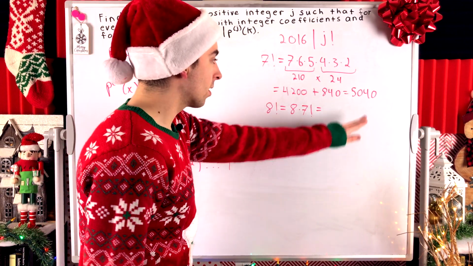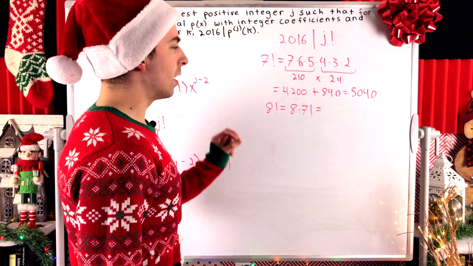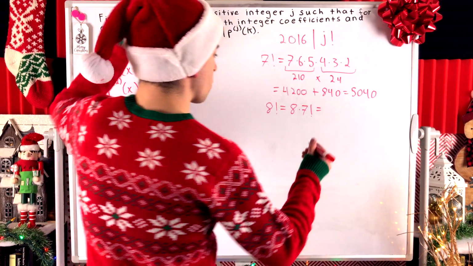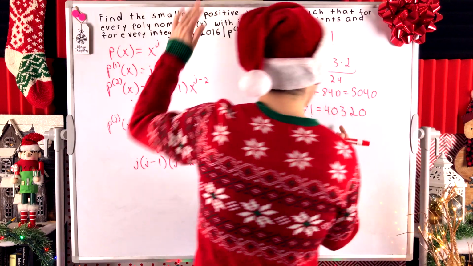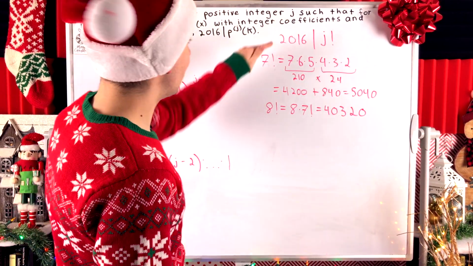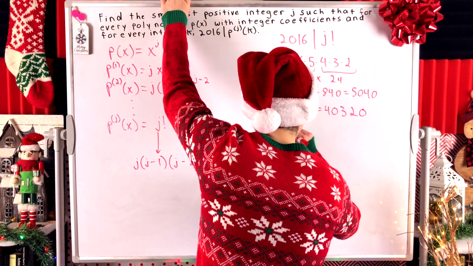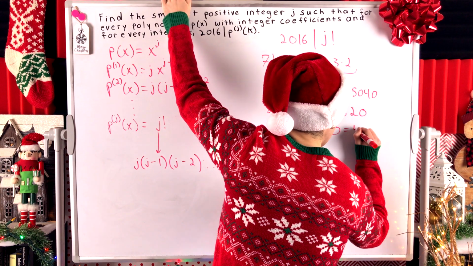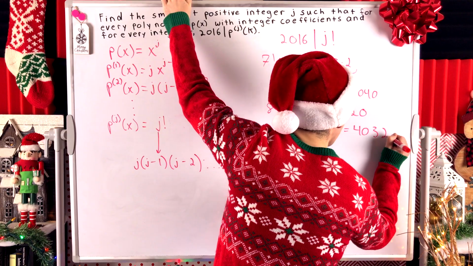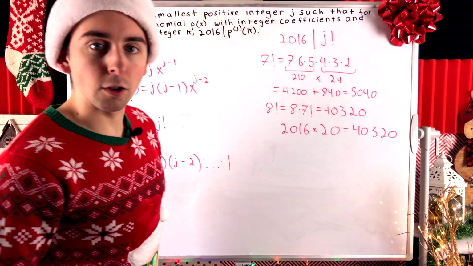Well, it would be 8 times 5,040, which is 40,320. Oh, look, that's very nicely divisible by 2016, because 2016 times 20 happens to be exactly equal to 40,320.